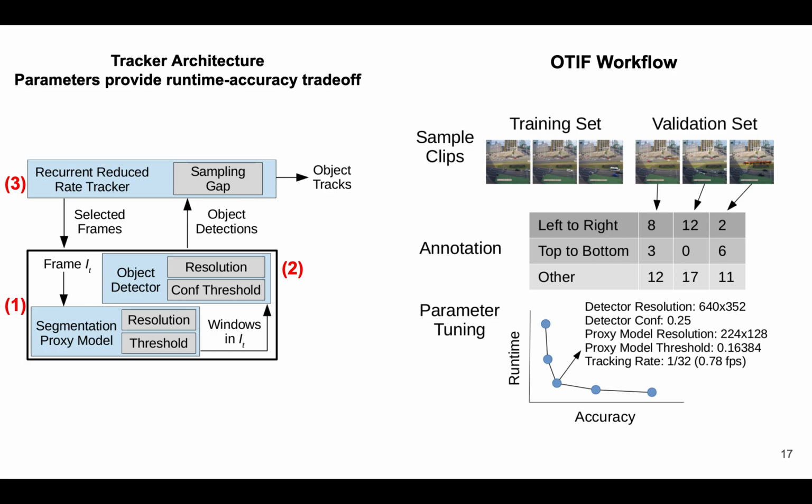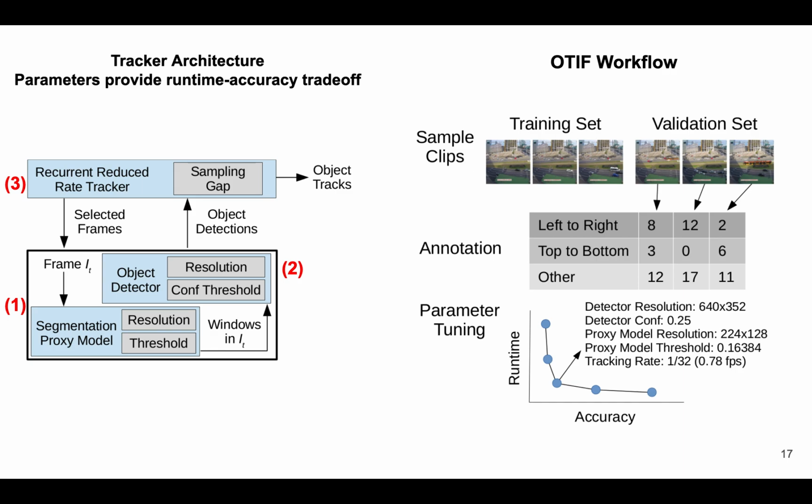These are those bounding box predictions of where objects of a certain type are. And we have this 3rd component, the recurrent reduced rate tracker, that deals with processing over segments of video and picking which frames to process through the detection pipeline, and also combining detections of the same object together across different frames where that object appears, and that's building the object tracks.